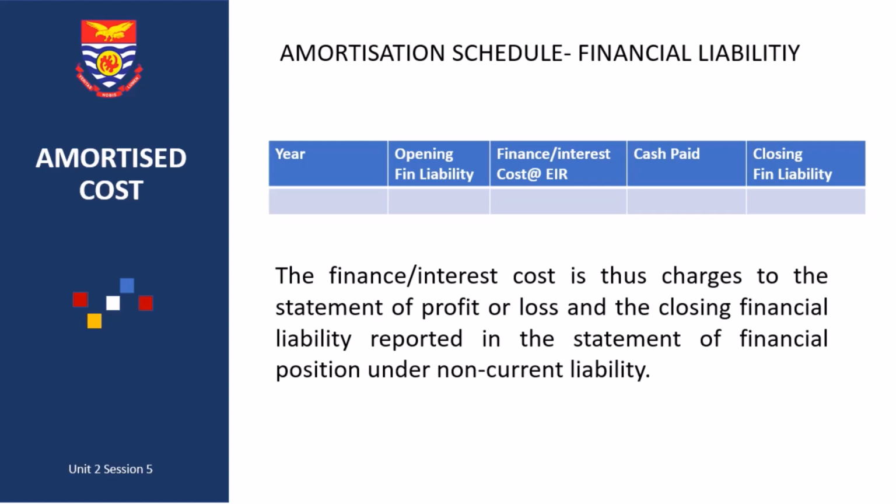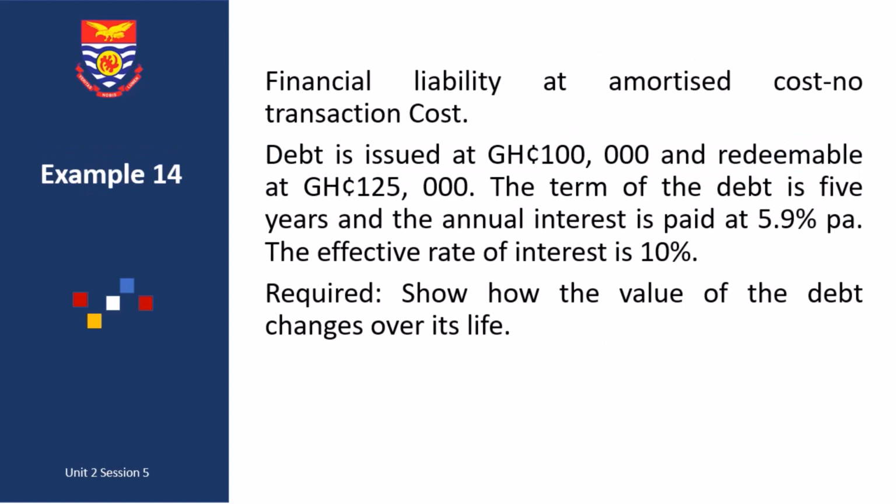So when we were looking at the schedule for financial assets, we said that the two main items we need in the financial statement are the finance cost, which is the effective interest rate if it is a liability, and then we have the closing financial liability. So this goes to profit or loss account, and this goes to the statement of financial position. Let's take an example and see how we solve questions in this regard.